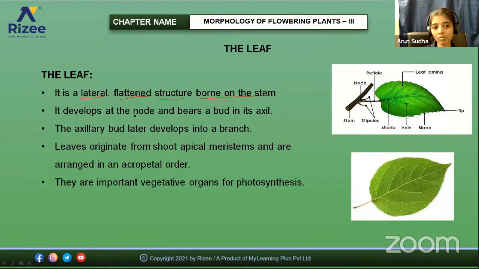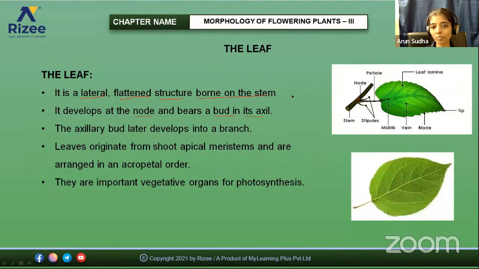Yesterday itself we saw what is a node and what are internodes. So this is the node, the point of attachment of the leaf to the stem. So it develops at the node and bears a bud in its axil. So there is a bud here, and this bud later develops into a branch.